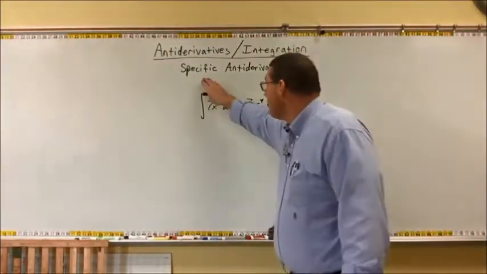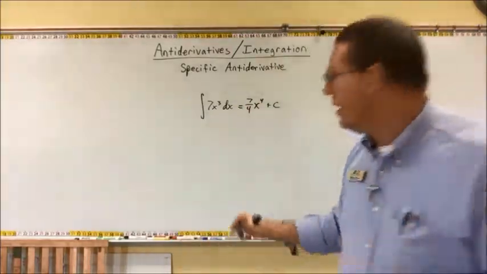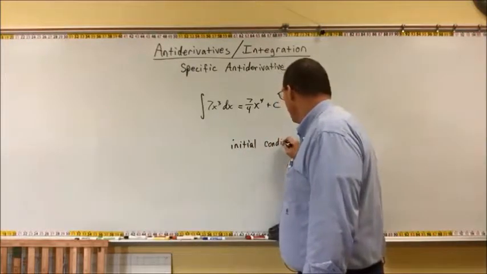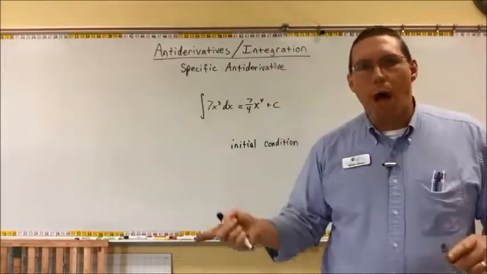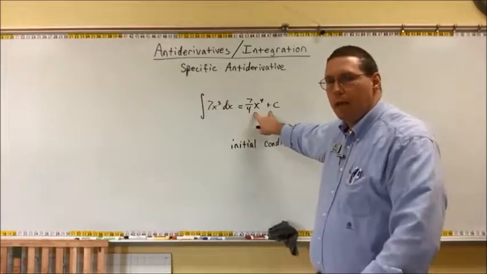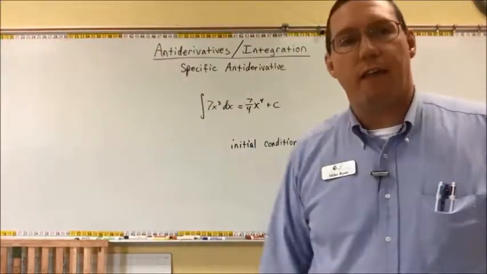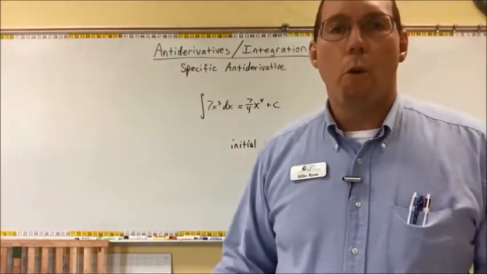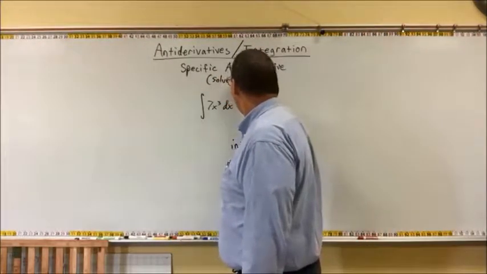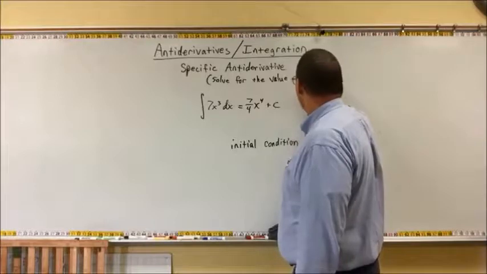With the specific antiderivative, you're given some kind of initial condition. Usually you're given an x and a y point that the graph passes through on the coordinate plane so that you're able to solve for the plus c. So basically, with the specific antiderivative, we are solving for the value of c.